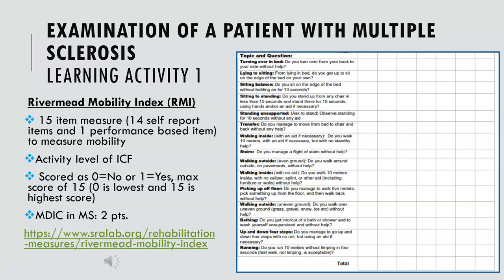So I think that would be a positive. This is also a quick tool, an inexpensive tool to administer, and of course easy to score. From a disadvantage perspective, again, most of this is the patient's perception of their abilities, so that may or may not be accurate.